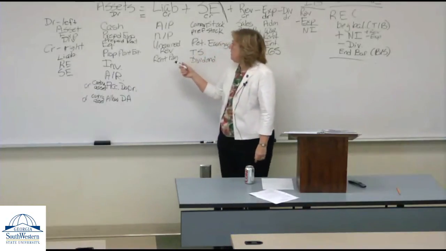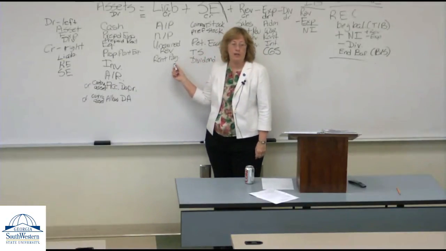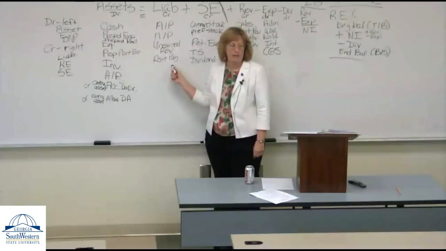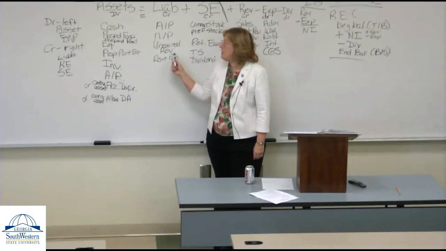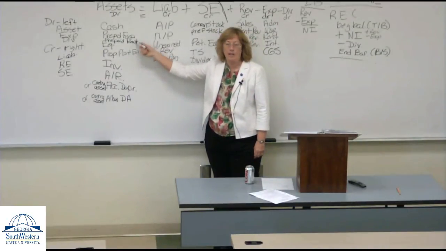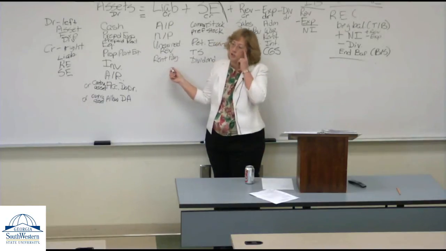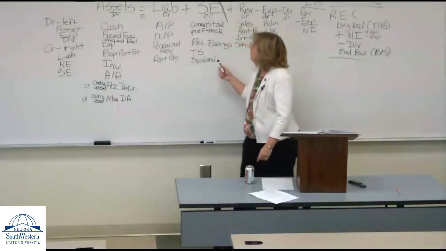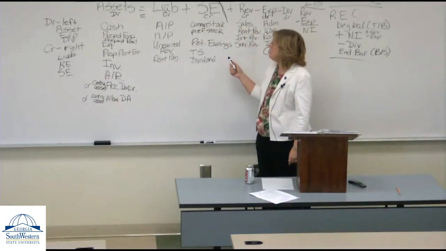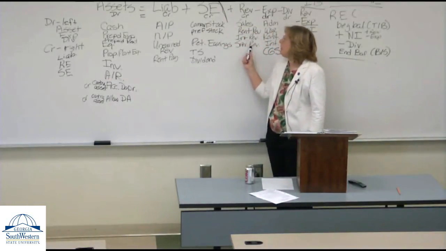Okay, so what is rent payable? This is when you're behind in your rent and you owe rent. It's kind of the opposite of paying in advance. It's paying it in arrears. This is the rent that you owe that's in arrears. Okay, and so what is rent revenue?